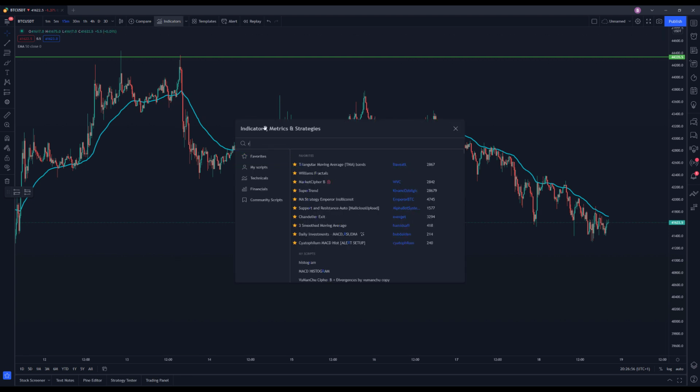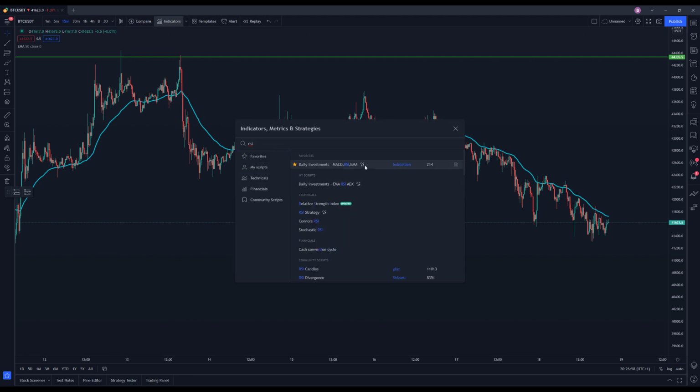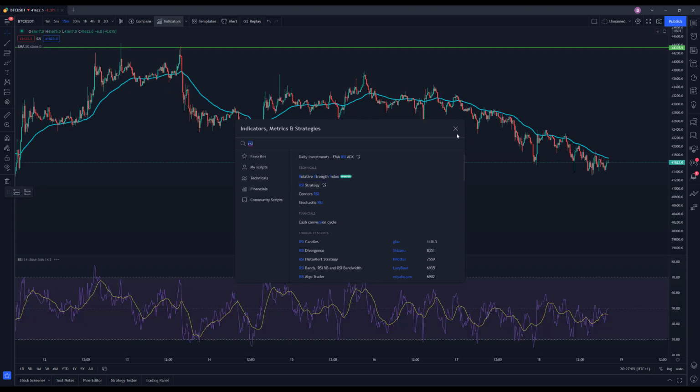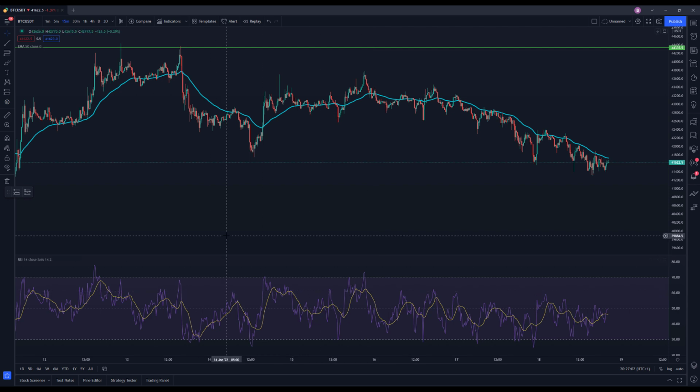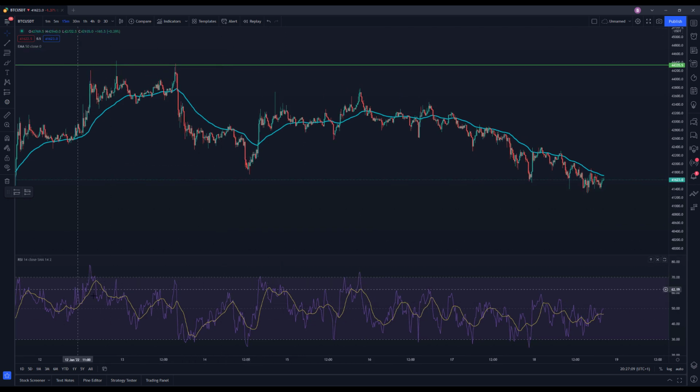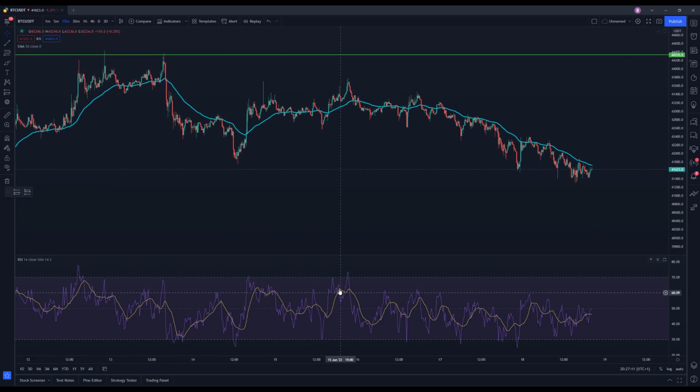Let's add the RSI. You see my own indicators, but it's going to be the relative strength index. I hope all of you know exactly what it does, but it shows you the momentum of the market. When it's above the 70 line, it's overbought, and when it's below the 30 line, it's oversold.